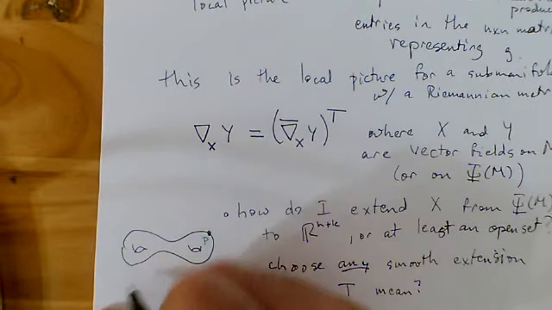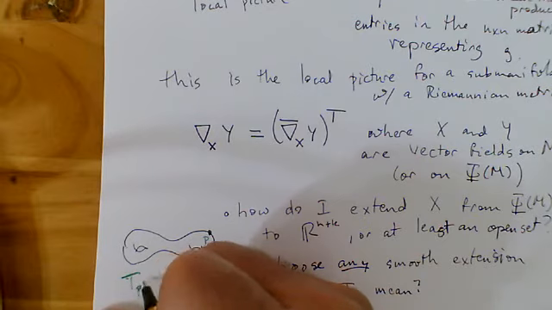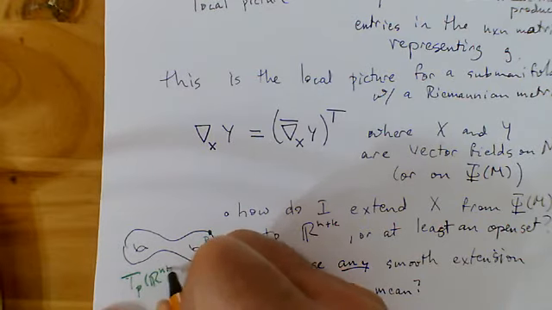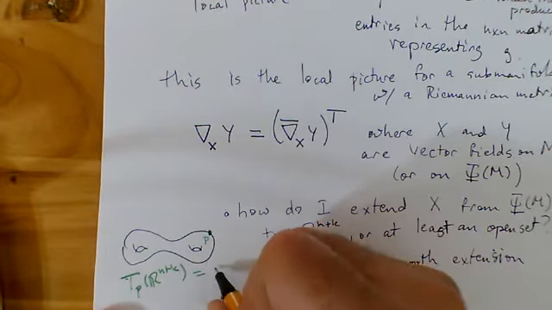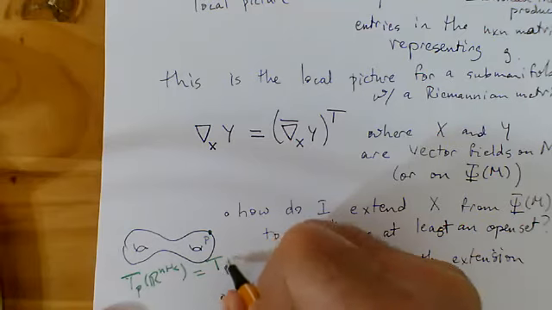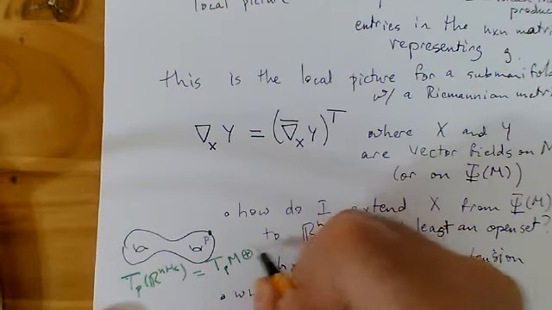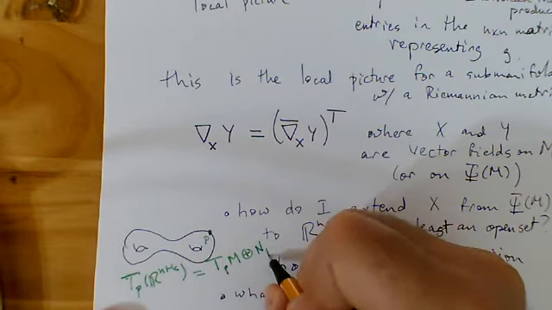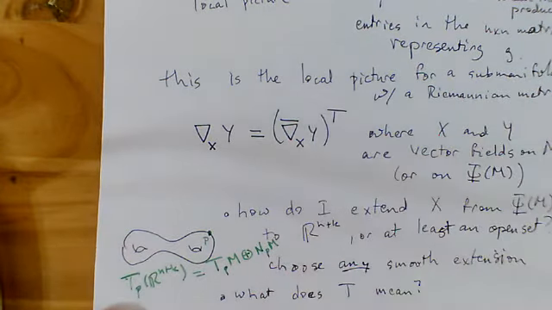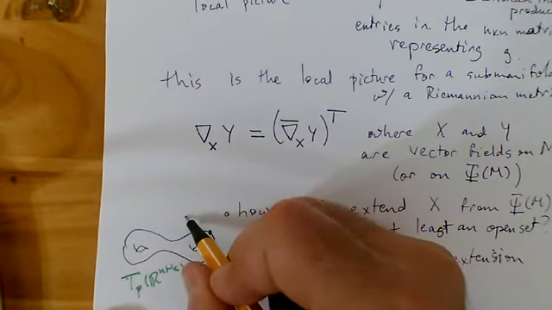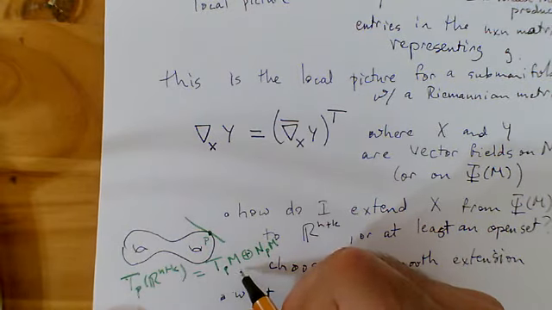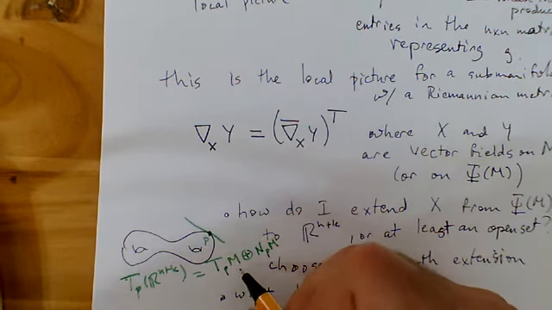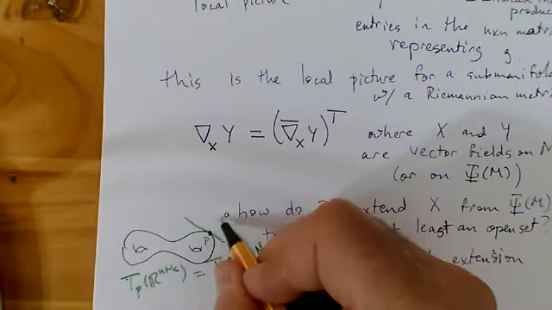So here's my P. This will split orthogonally into an n-dimensional subspace, which is tangent to my manifold, and a normal component.